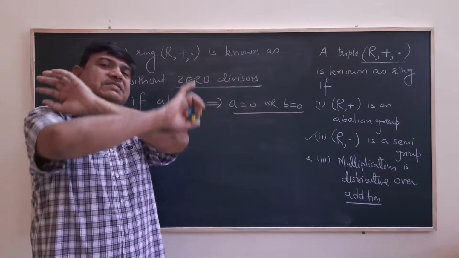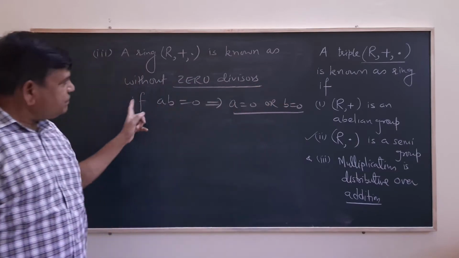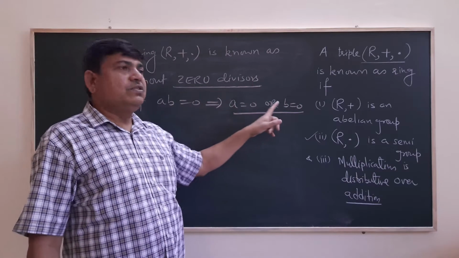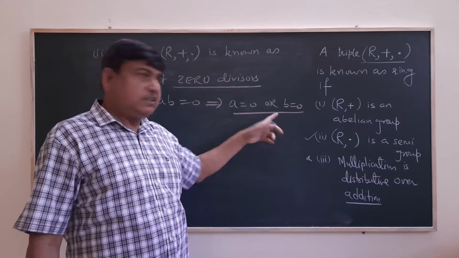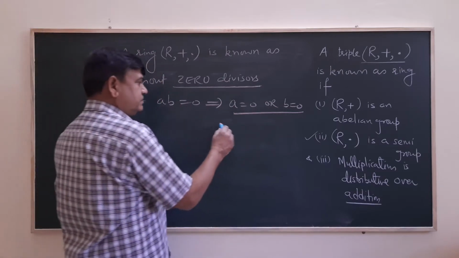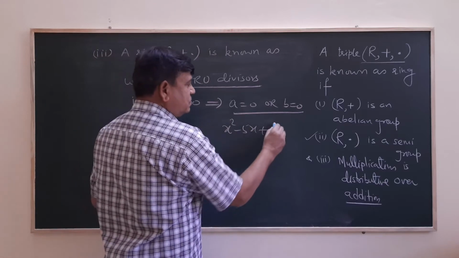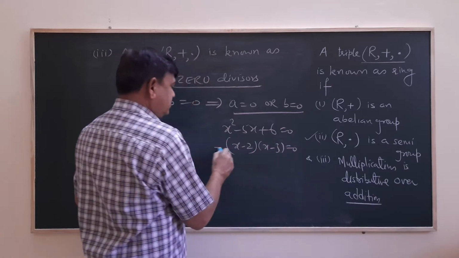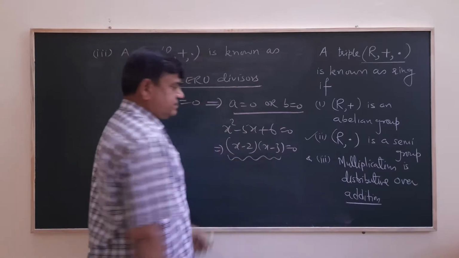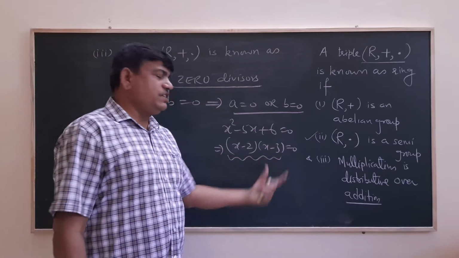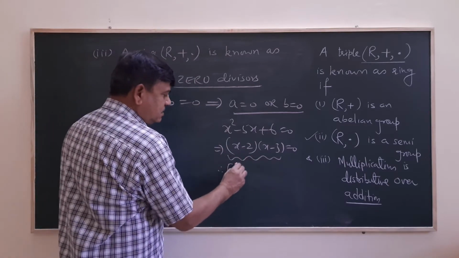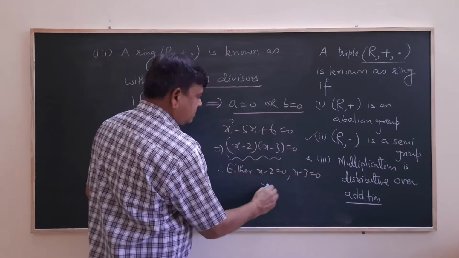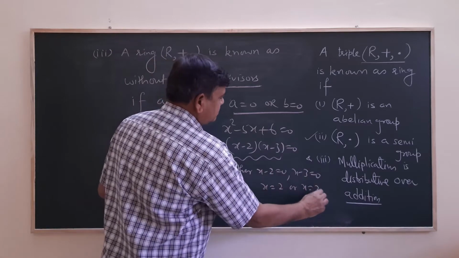If the product of two numbers is 0 implies either A equals 0 or B equals 0. We have done this many times, and I gave an example in the previous video: x minus 2 times x minus 3 equals 0. The product of two is 0, therefore either x minus 2 is 0 or x minus 3 is 0, so x equals 2 or x equals 3.